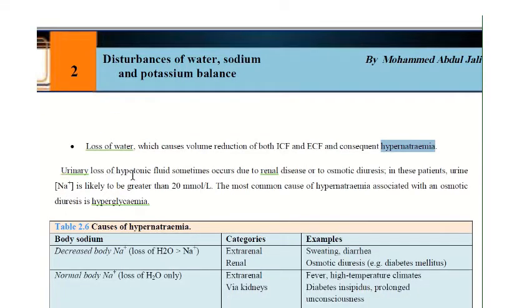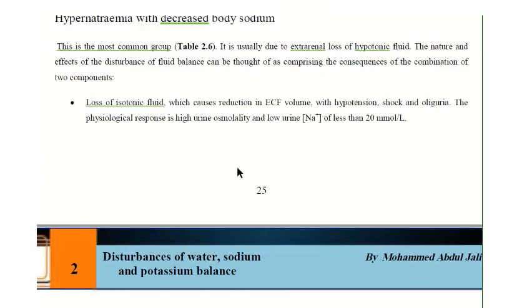The urinary loss of hypotonic fluid sometimes occurs due to renal disease or to osmotic diuresis. In these patients, urine sodium concentration is likely to be greater than 20 millimole per liter. إذن هنا في هذه الحالة اليورين sodium is likely to be greater than 20 millimole per liter، فيما كان في تلك الحالة اليورين low urine sodium of less than 20 millimole per liter.